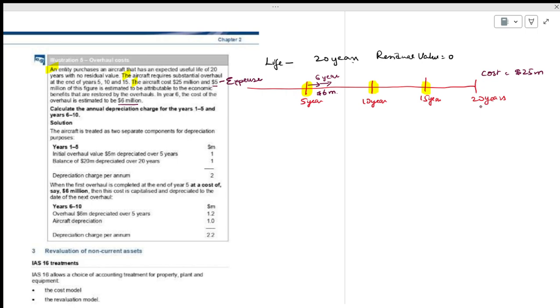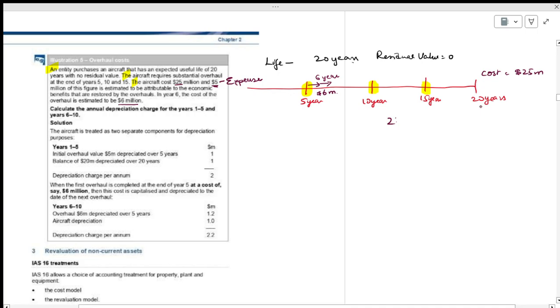The first thing is that we have to calculate the depreciation. It is 25 million. In this 25 million, what cost is involved? 5 million.